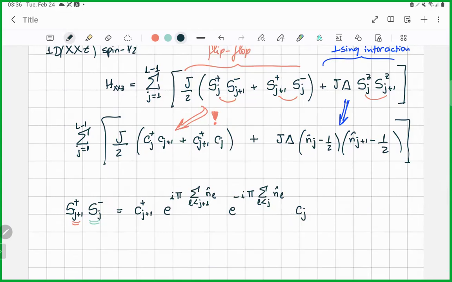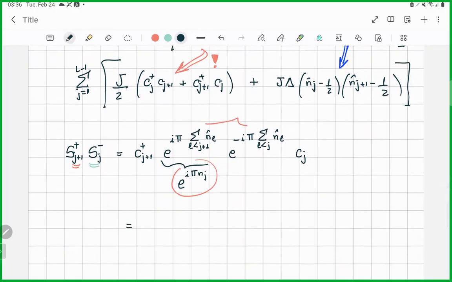All right, so you see that there are many terms here that will cancel. Most of them will cancel, but one survives. Which one survives? The one that is e to the i pi n j, because this one is not in this sum here.